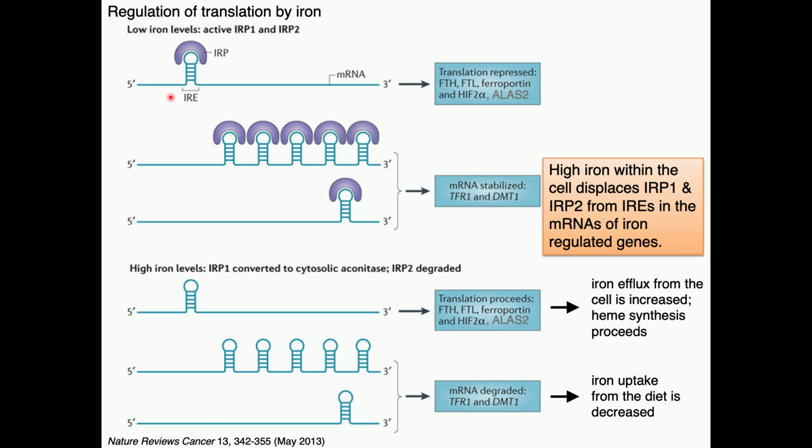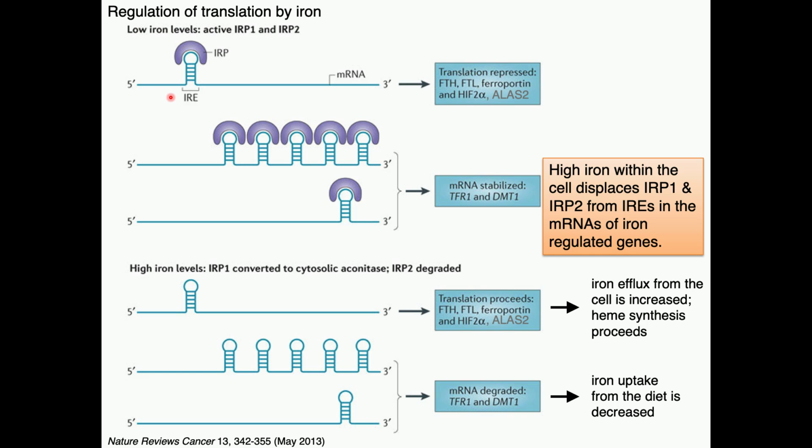Okay, so where does aconitase fit into this? This is kind of a triviality, but it's kind of interesting. The iron regulatory protein 1, IRP1, in addition to being this regulator of translation, also functions when iron is abundant as a cytosolic aconitase. So it's not the TCA cycle aconitase, but it's the same enzymatic function in the cytosol.